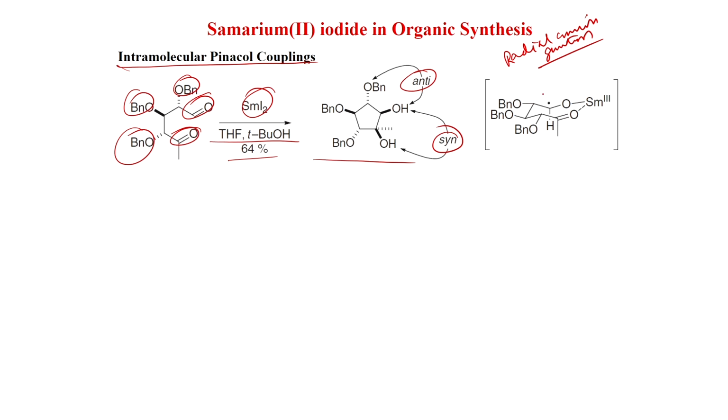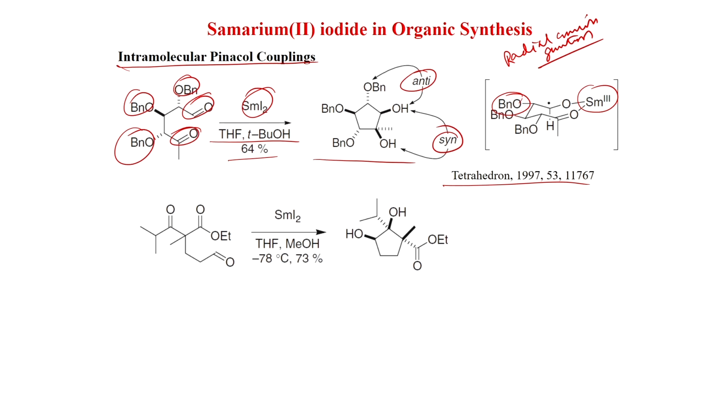So, the aldehyde will first be reduced to the radical anion, and that radical anion will bring 2 oxygen atoms on the same side, because samarium 3 will coordinate with both the oxygen atoms here, and you get this kind of geometry, and that is why this syn selectivity is observed. This was published in Tetrahedron 1997. Also you can see this O-benzyl and this OH are anti.